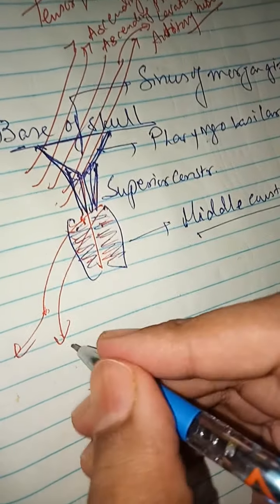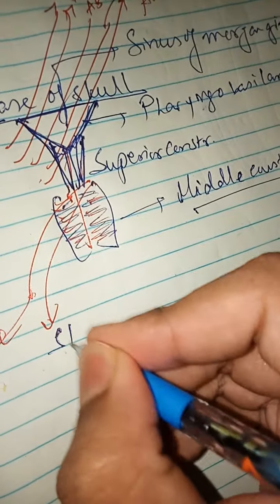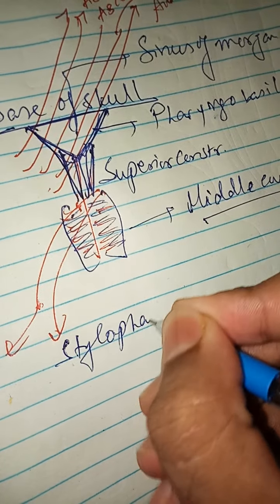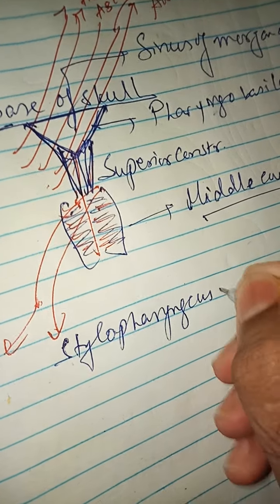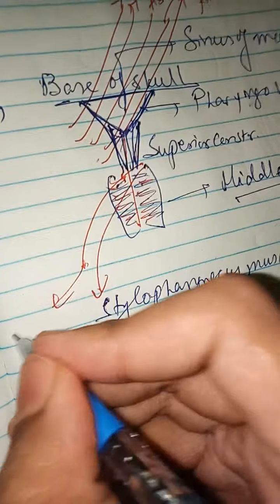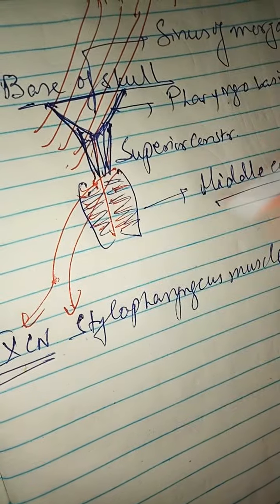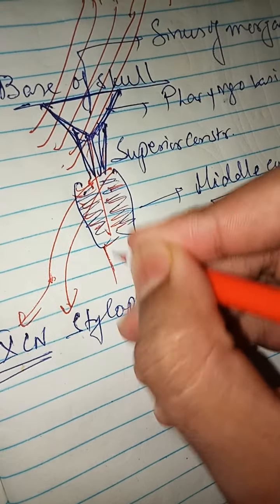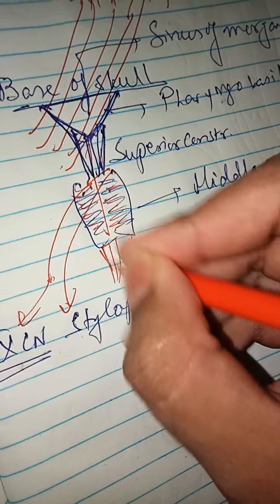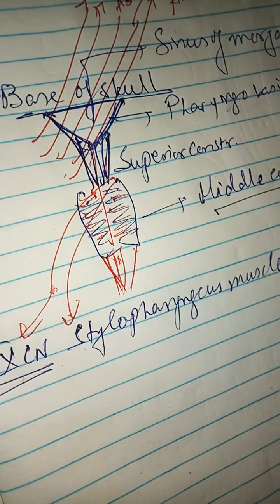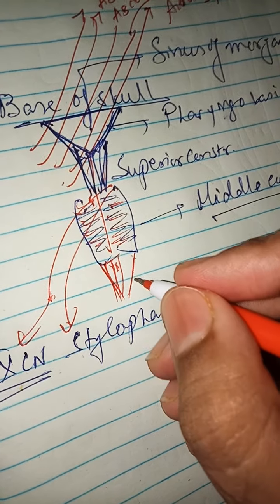One is the stylopharyngeus muscle, and another is the glossopharyngeal nerve, the ninth cranial nerve.